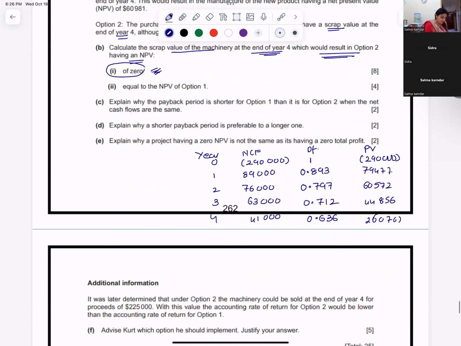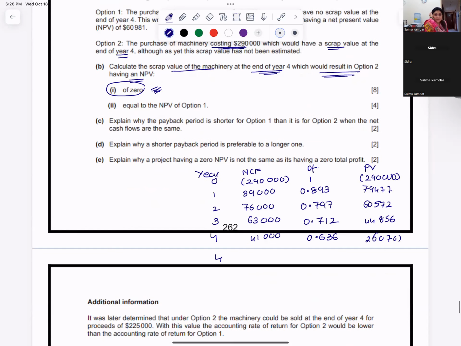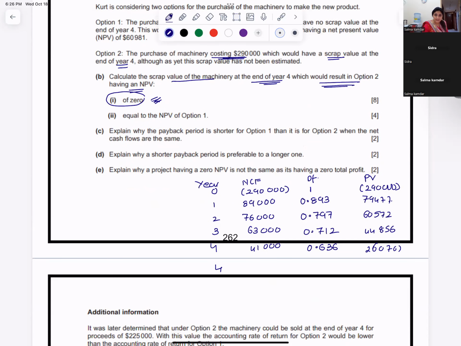At the end of year 4, you are going to dispose of the machinery at some scrap value, and you don't know at what scrap value you should dispose it so that your NPV becomes 0. You want your NPV to become 0.